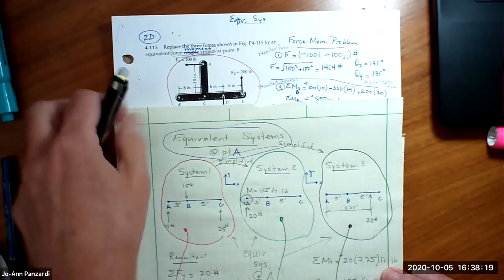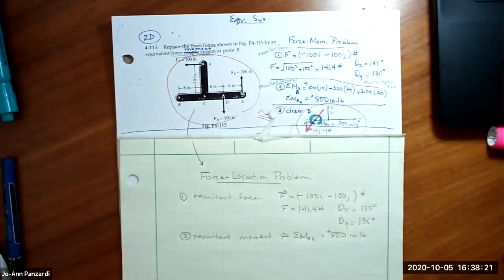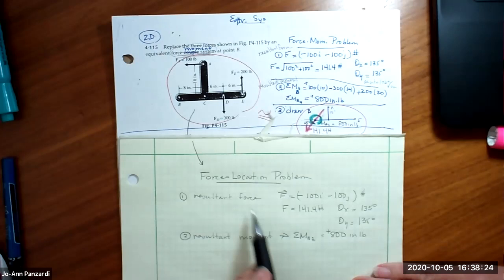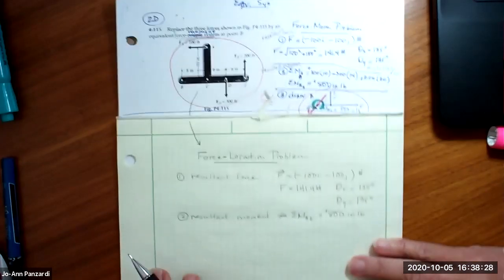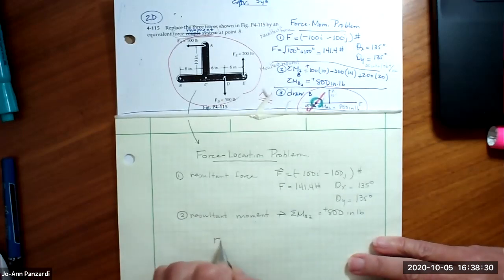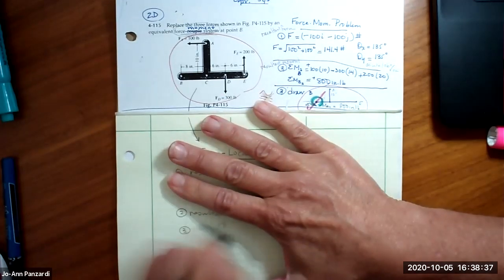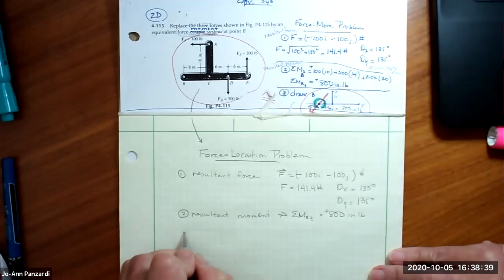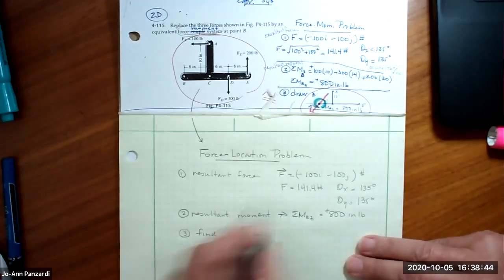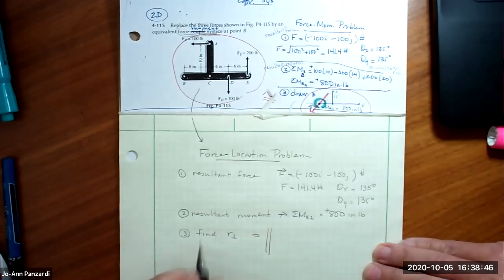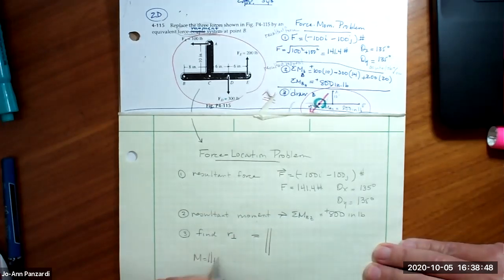Okay. So here, I have the resultant force and I have the resultant moment, and we've done this before. How do we find the perpendicular distance? So the third step is find the perpendicular distance. And how do we do that? We know that the moment is equal to the absolute value of the force times the absolute value of the perpendicular distance.